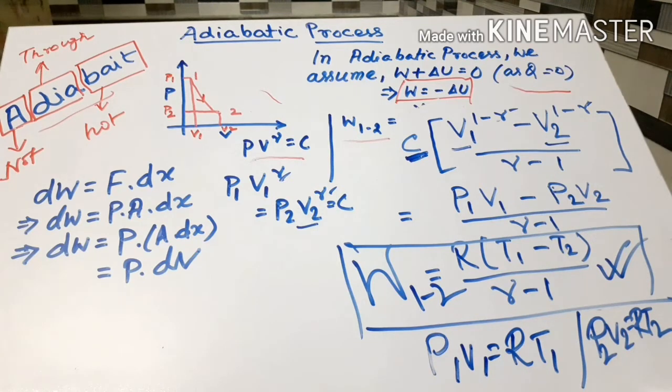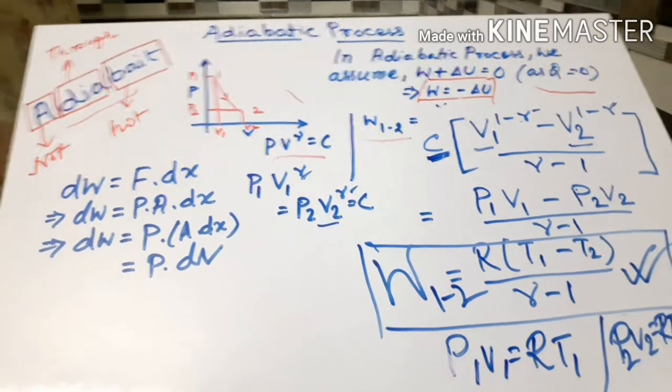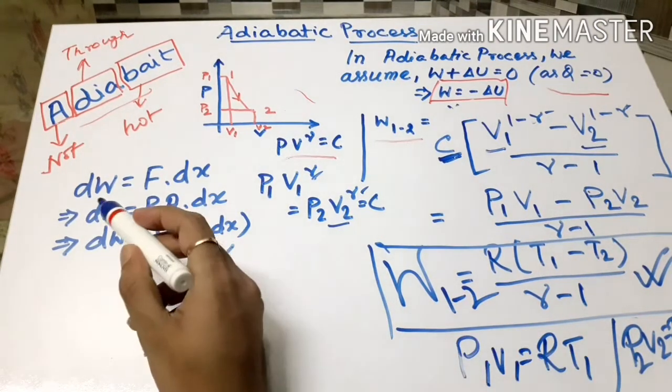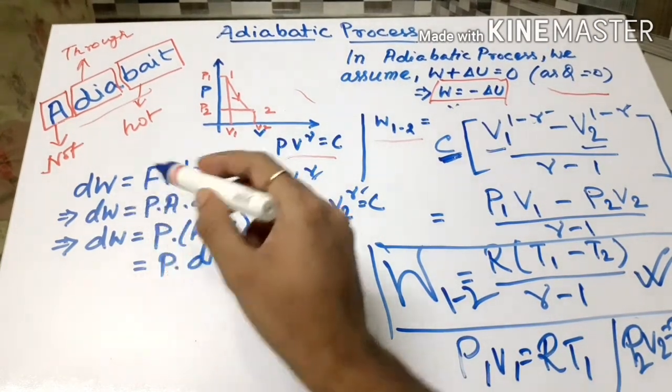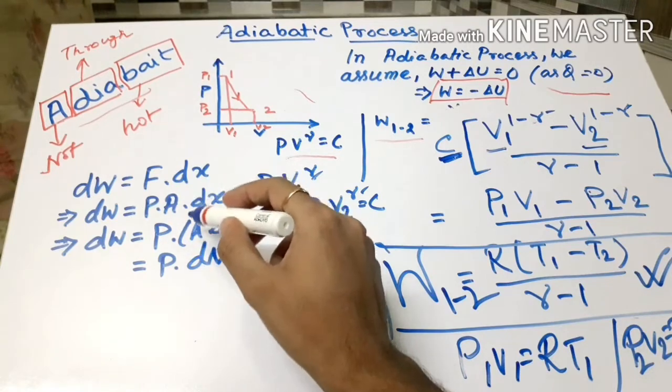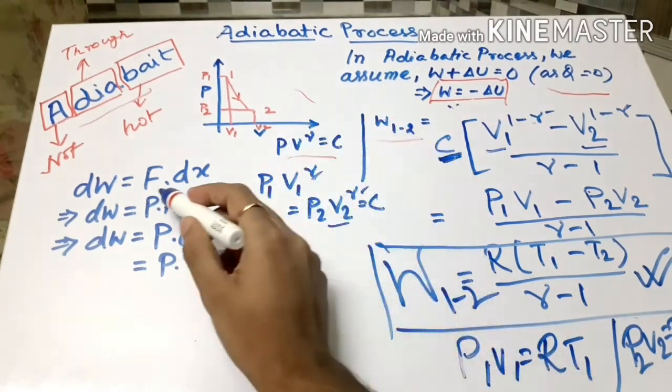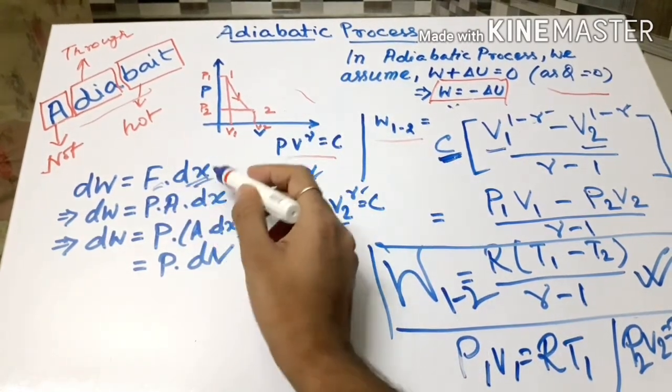As I have already discussed the PdV work, why do I take the integration of PdV whenever I try to find work done? The answer is that dW means work done, so dW is equal to F into dx, where F is the force and dx is the displacement.